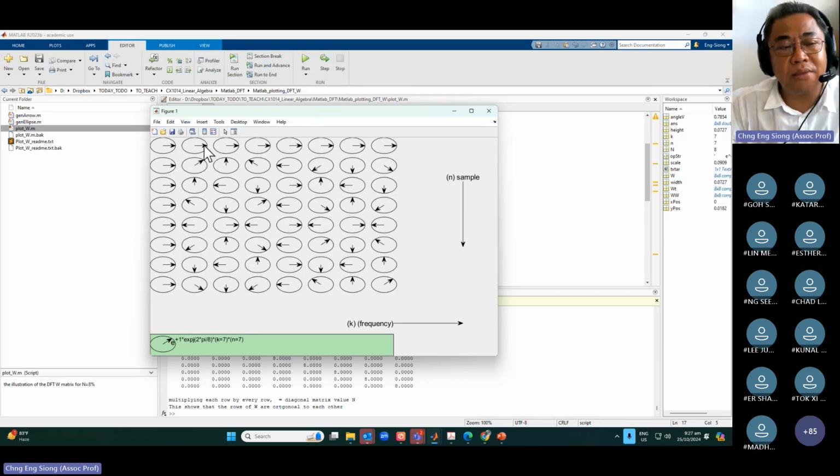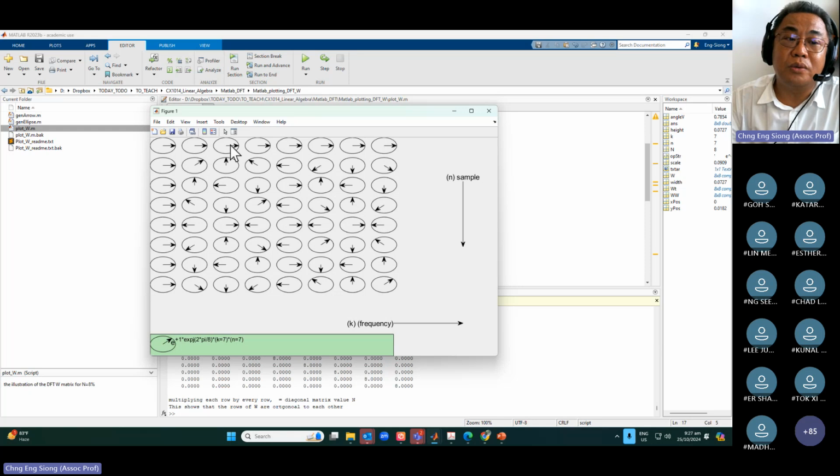You'll see that I have divided 2 pi by 8 now. 2 pi divided by 8 is pi over 4. That means as I'm moving across time, I'm moving by 45 degrees. Can you see? 45 degrees, 45 degrees, 45 degrees. And after 8 samples, the next sample I will repeat. So it's 2 pi over n times k equals to 1 across different n.